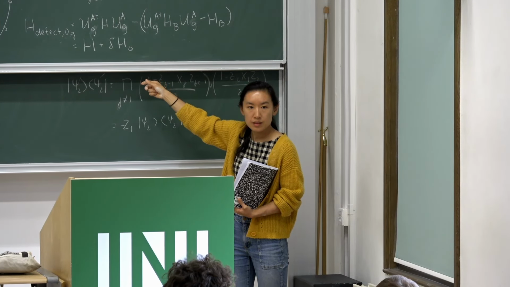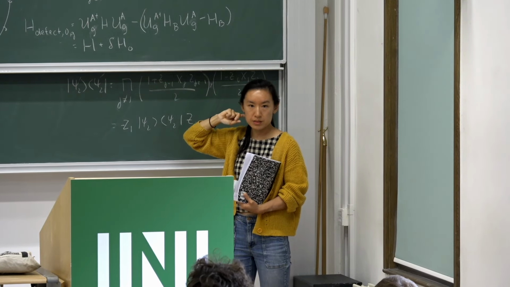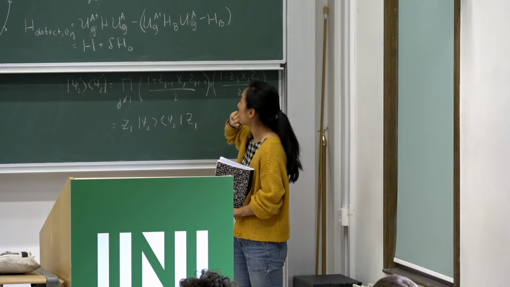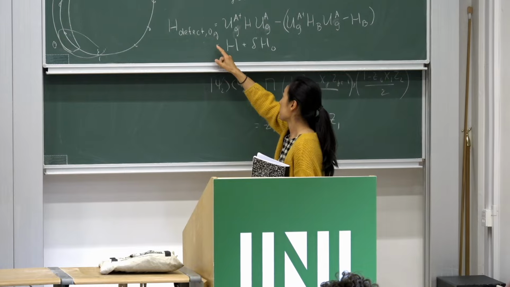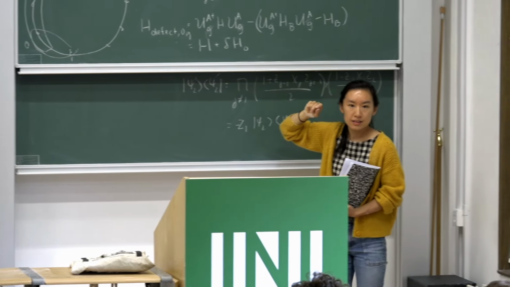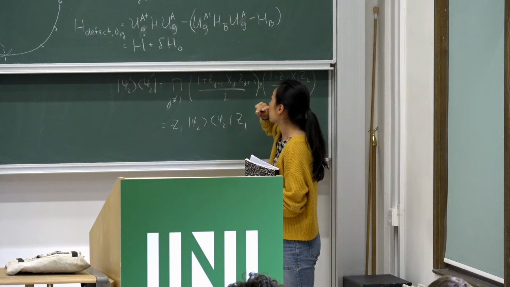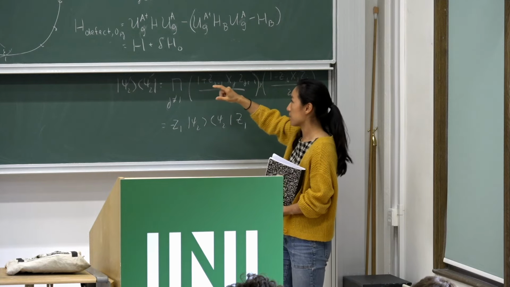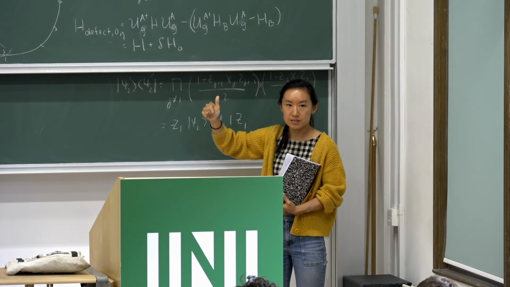Is that right? What do you mean by H defect? Which finite interval symmetry are you talking about, U_G(A)? Oh, you want to ask if this is symmetric under U_G(A)? Yeah. The point of U_G(A) is purely to insert a symmetry defect at site 0.